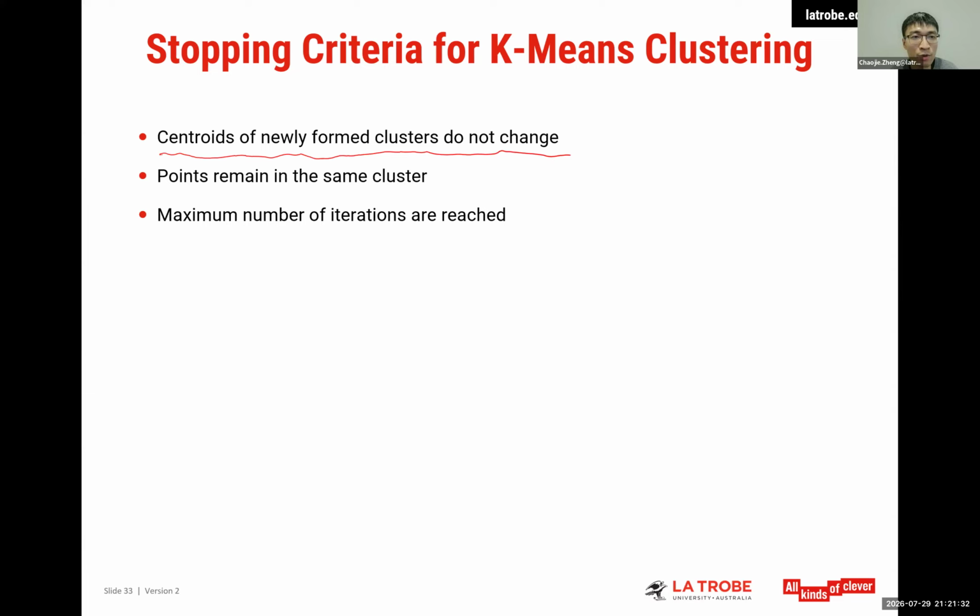The second one is points remain in the same cluster in two consecutive iterations. And we can also set a maximum number of iterations, and when this number is reached, we stop the clustering process. Any questions regarding these stopping criteria?